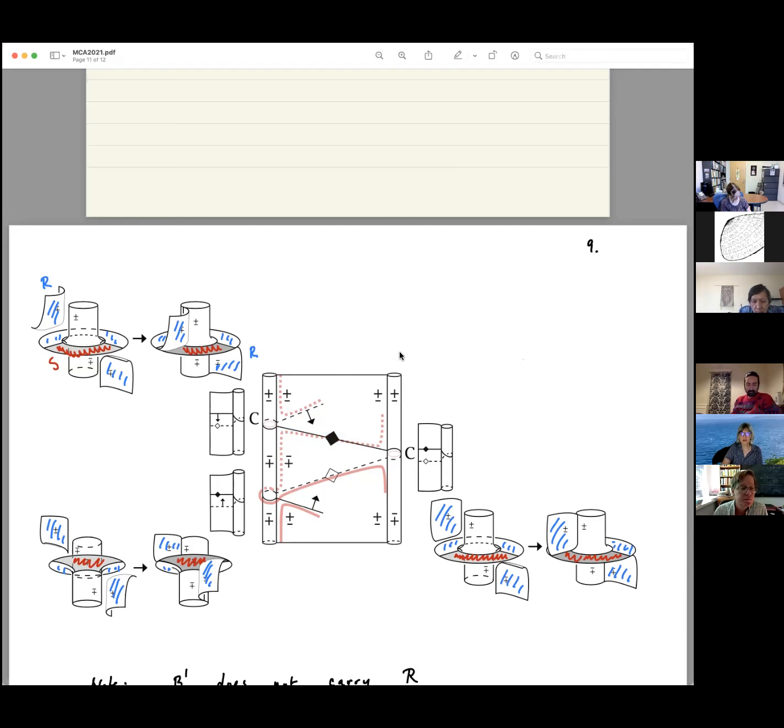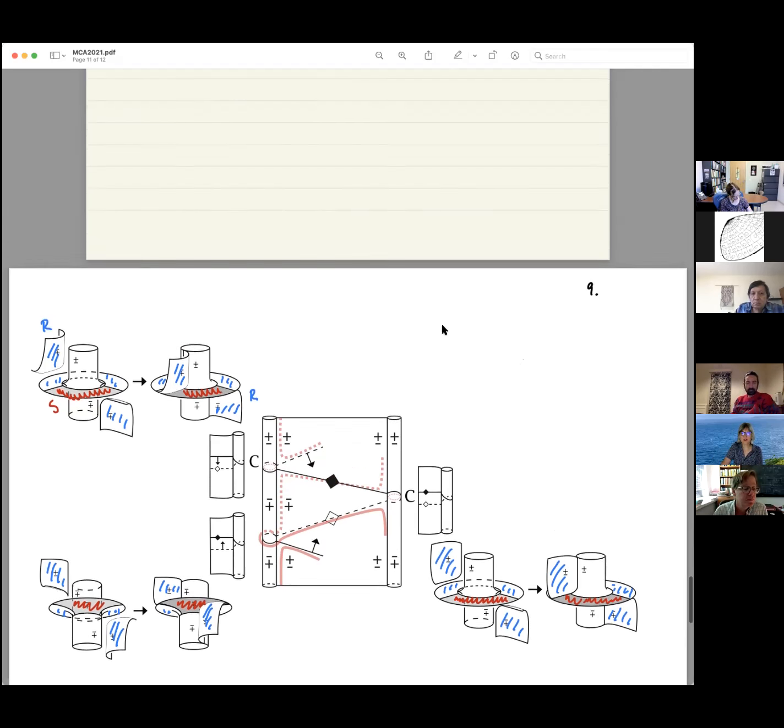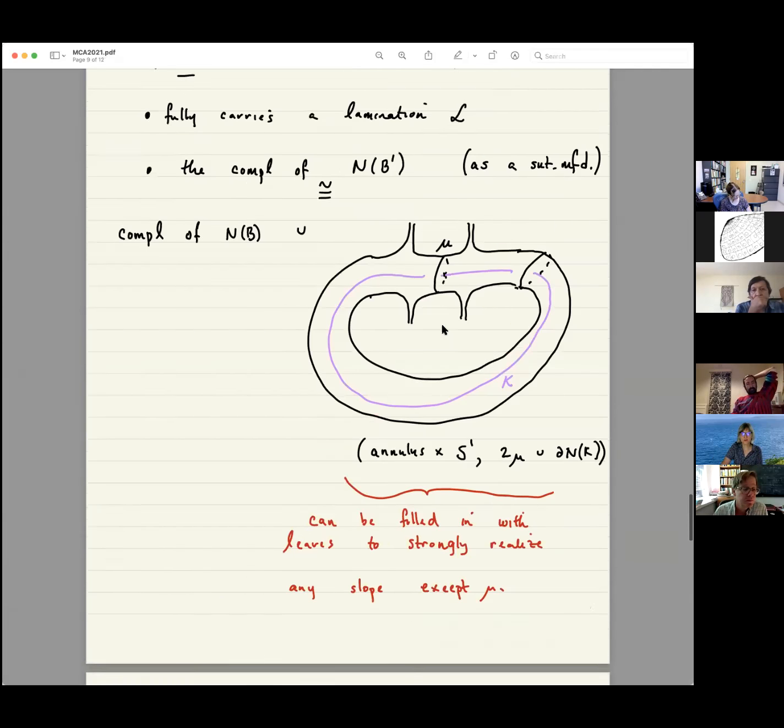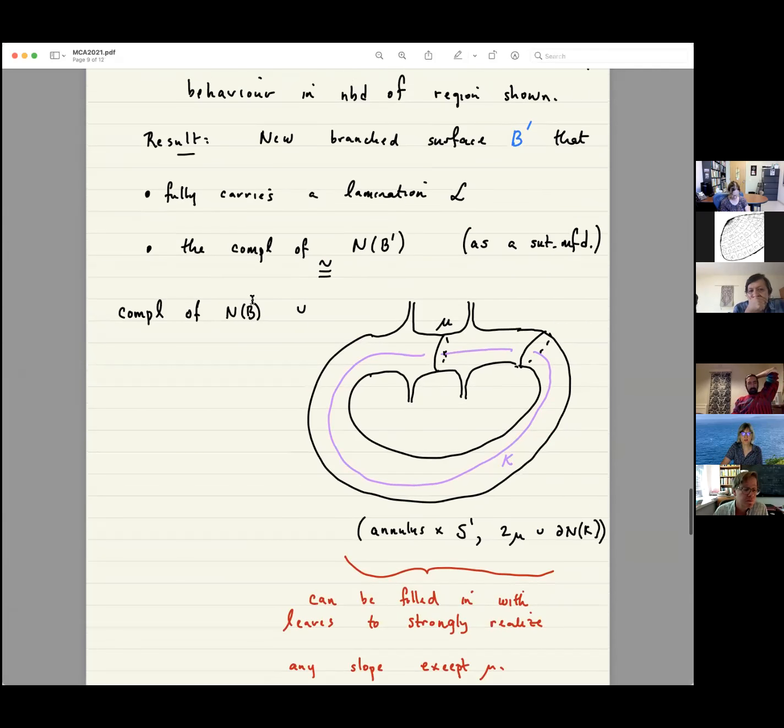And that means exactly that the complementary region of the new branch surface is just the complementary region that doesn't contain K, and that complementary region looks exactly like the original complementary region from, I guess there should be a G superscript here.